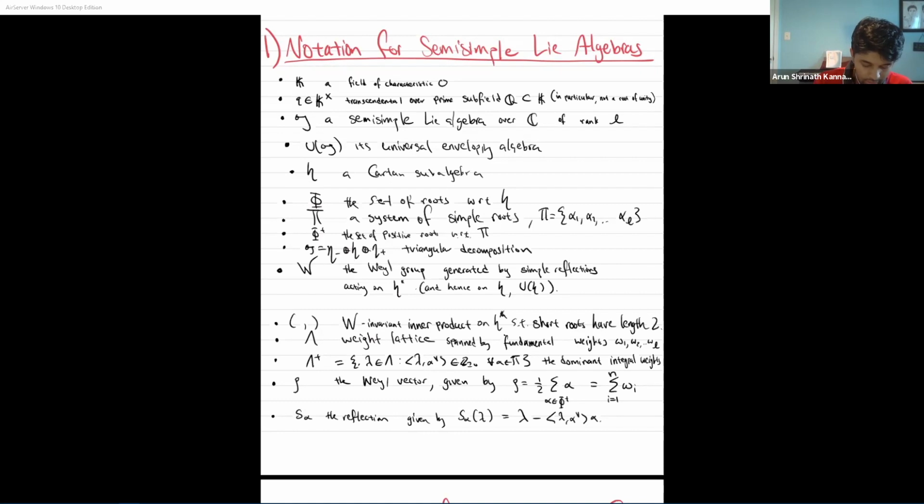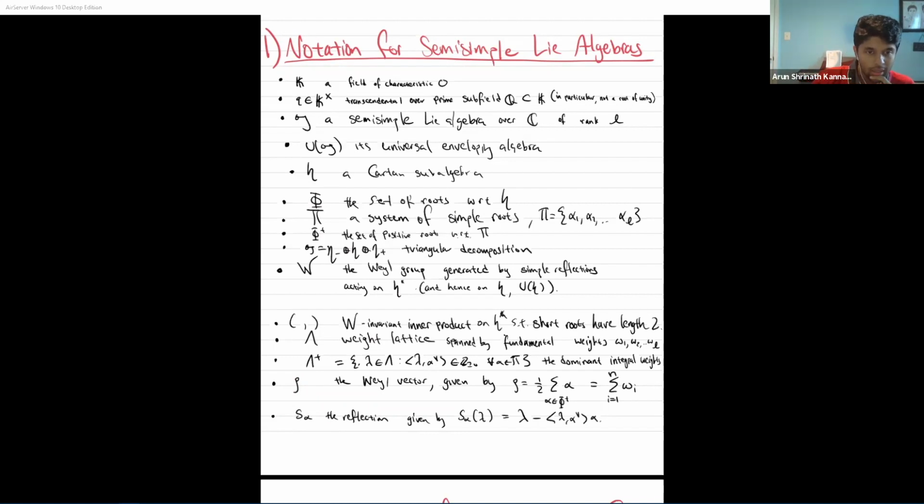And we have the dominant integral weights in the weight lattice, so weights whose coroot pairings are non-negative integers. This rho, which is the sum of the fundamental weights, and finally s_alpha, which will denote the reflection associated to a root alpha.